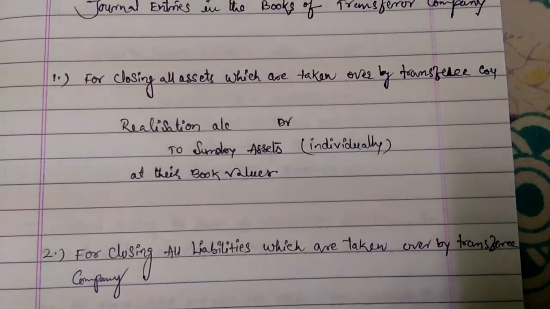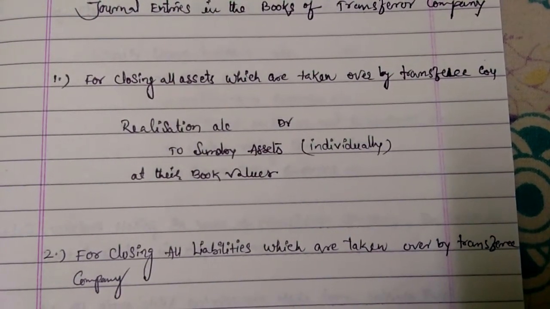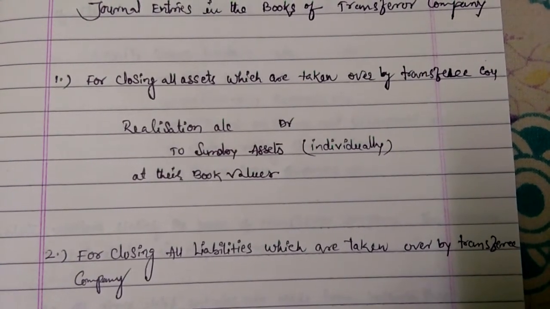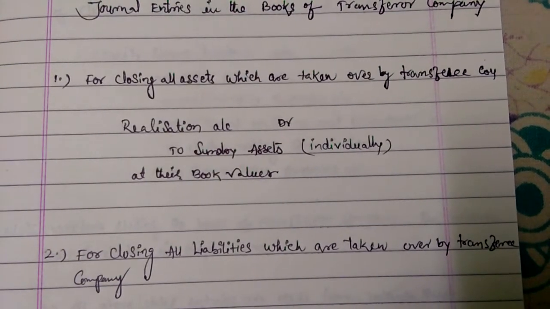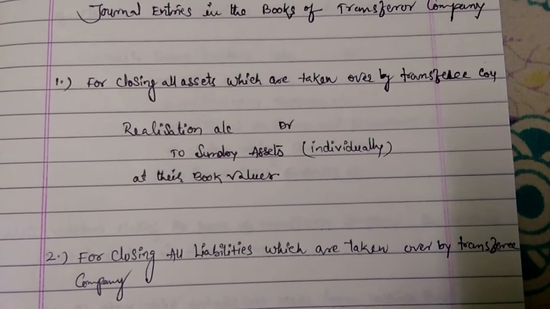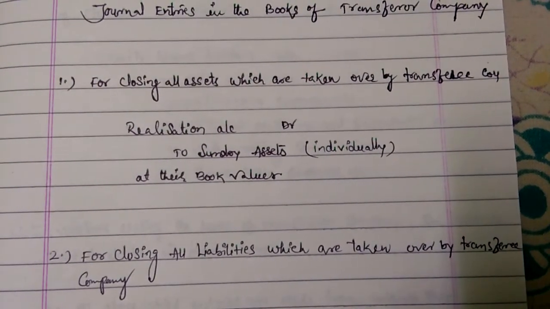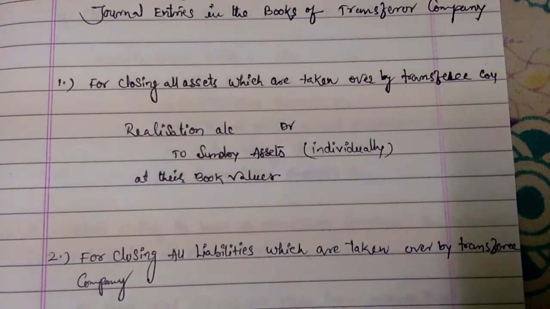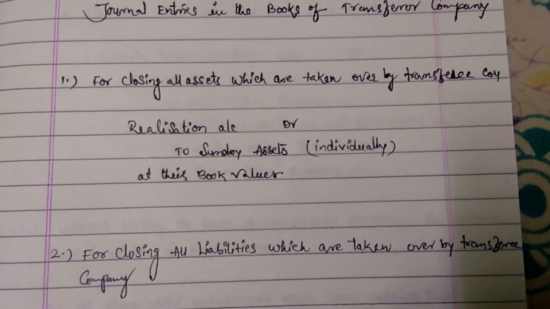These are written individually, like realization account debtor to sundry debtors account, to furniture account, to land and buildings account, to stock account, etc. Here definitely write their book values only.